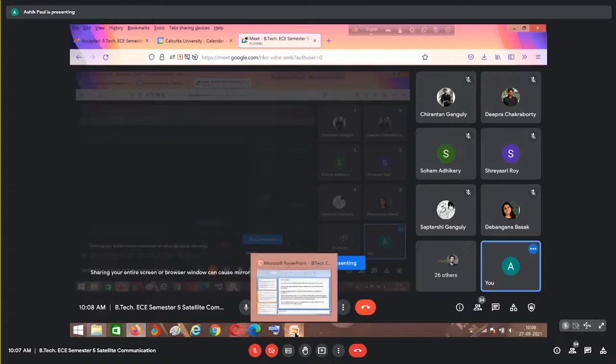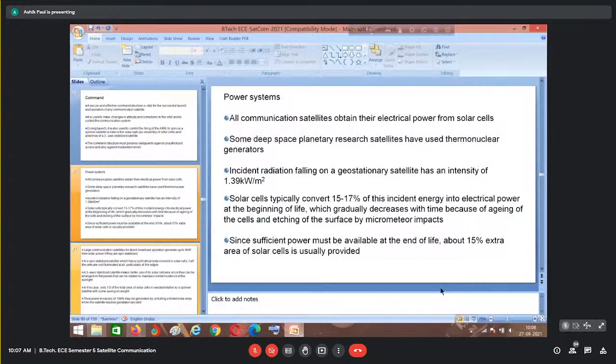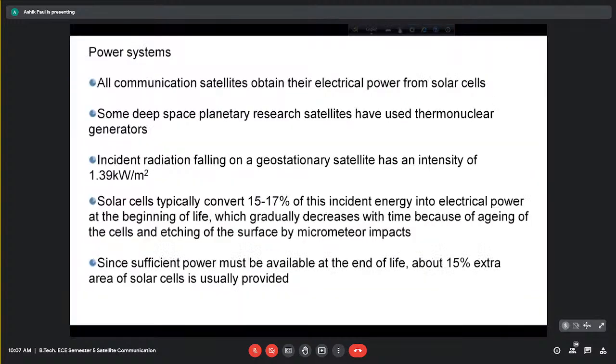Okay. So over this area of roughly 3.5 feet by 3.5 feet, nearly 1400 watts of solar radiation is incident.